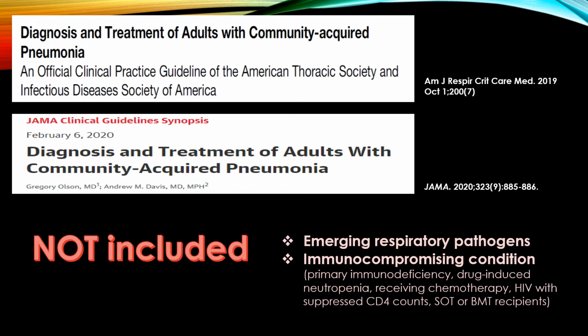And these two guidelines, or any guideline about community-acquired pneumonia, generally do not include immunocompromised conditions, such as a patient with HIV presenting with pneumonia. So we don't apply this guideline to such patients, including transplant patients presenting with pneumonia.